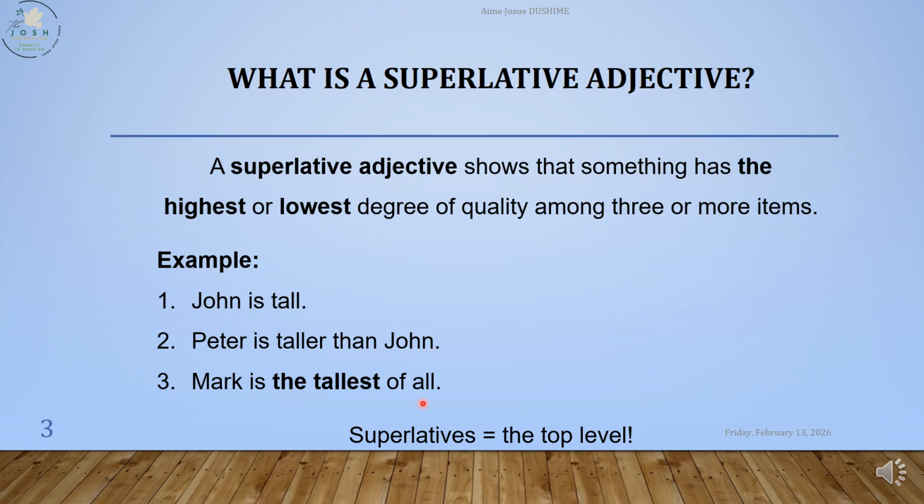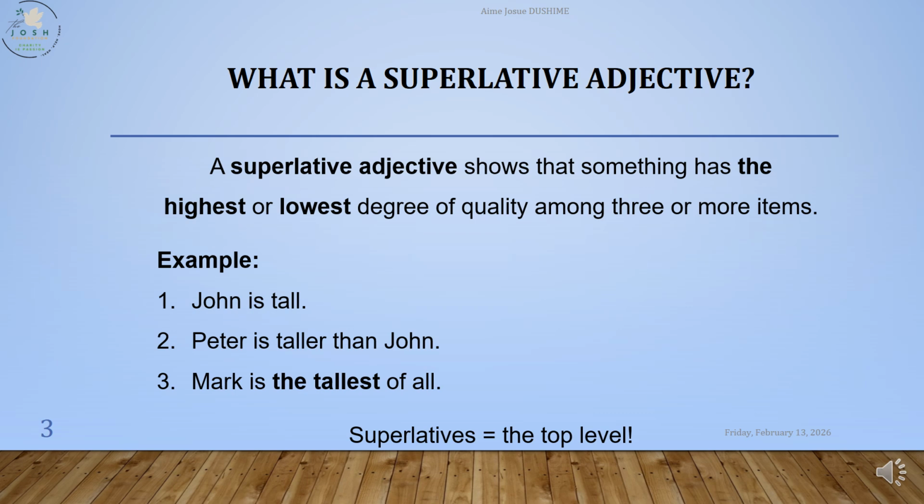Mark is the tallest of all. Here we are using superlative because we have more than two things, more than two people. When we say all, we are comparing to Peter, John, and Mark. All of them, three. Then you say Mark is the tallest. For the superlative, it means the top level of something.